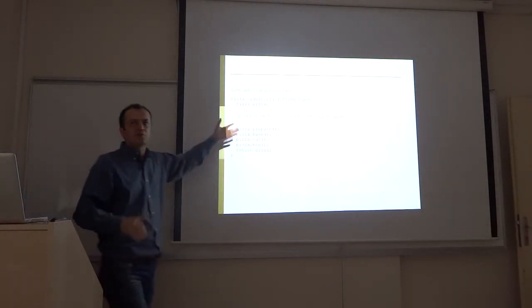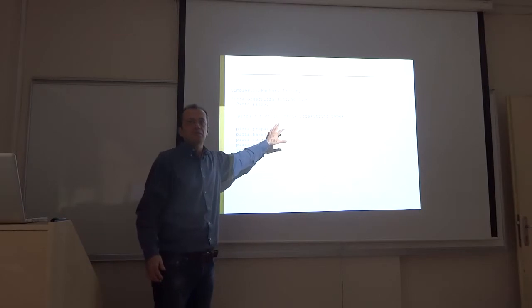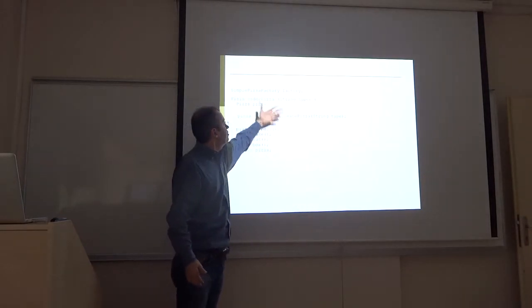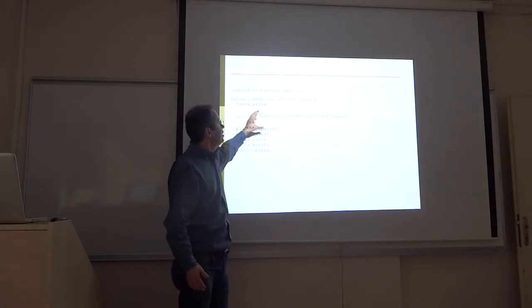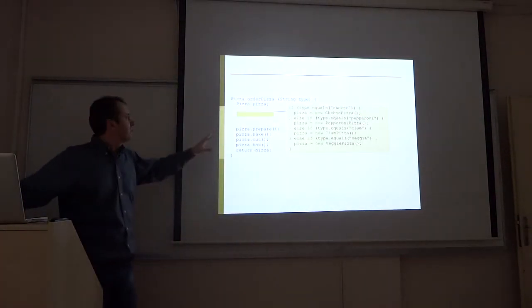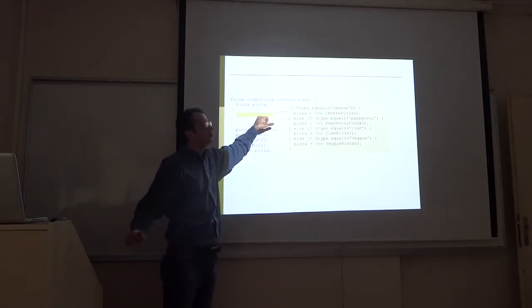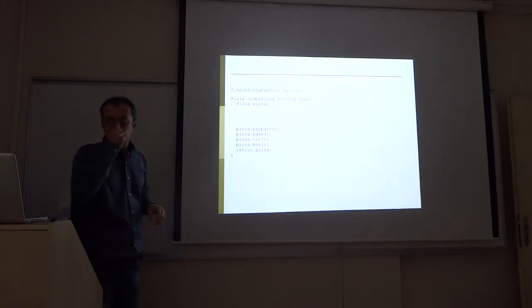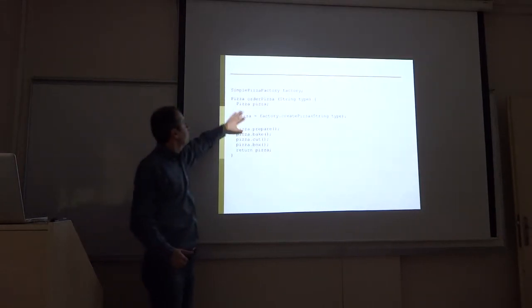Okay, so this was what I described. You see? So now I have a simple pizza factory. This time, instead of all that complication in here, I have a simple pizza factory.